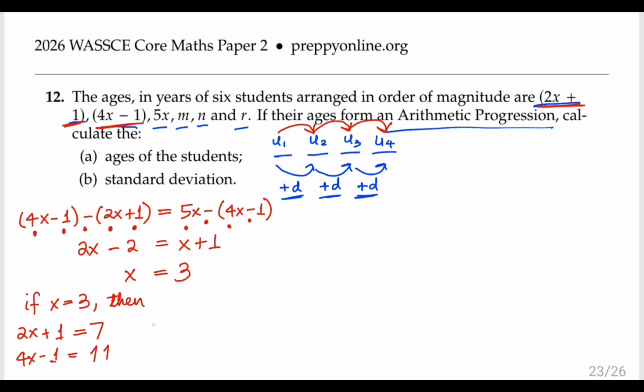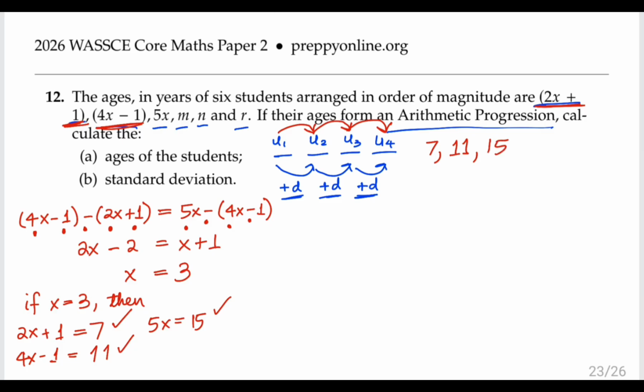What about 5x? 5x equals 15. So already we have the first 3 terms of our sequence. The first is 7. Then the next is 11. That's what we found here, 7, 11. And then the next is 15.